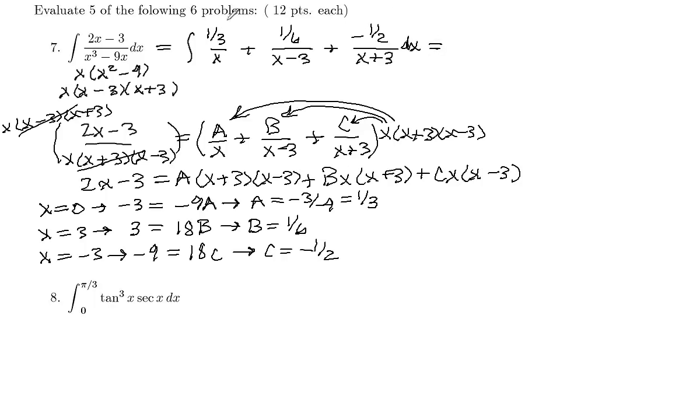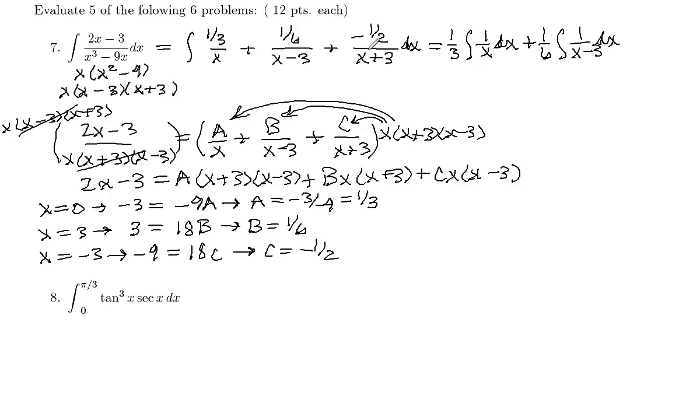So we can bring this 1/3 on the outside, so we'll have 1/3 times the integral of 1 over x dx. And then the integral of this term, so what we're doing is we're integrating each term separately with respect to x. The 1/6 will factor out, so plus 1/6 times the integral of 1 over x minus 3 dx.